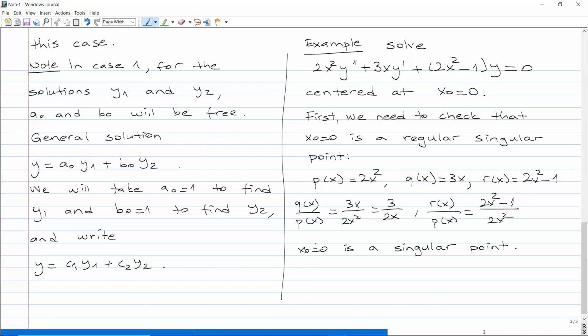Now, is it regular? I need to check the limit as x goes to 0 of x times q over p. x times q over p is 3 over 2x, x cancels out, so this gives me 3 over 2. That's my alpha. Then I need to check the limit as x goes to 0 of x squared r over p.